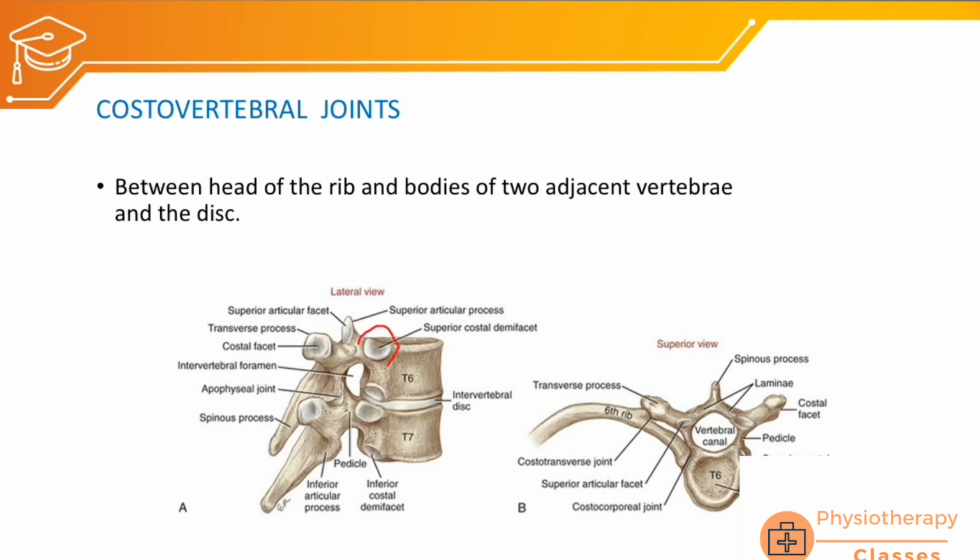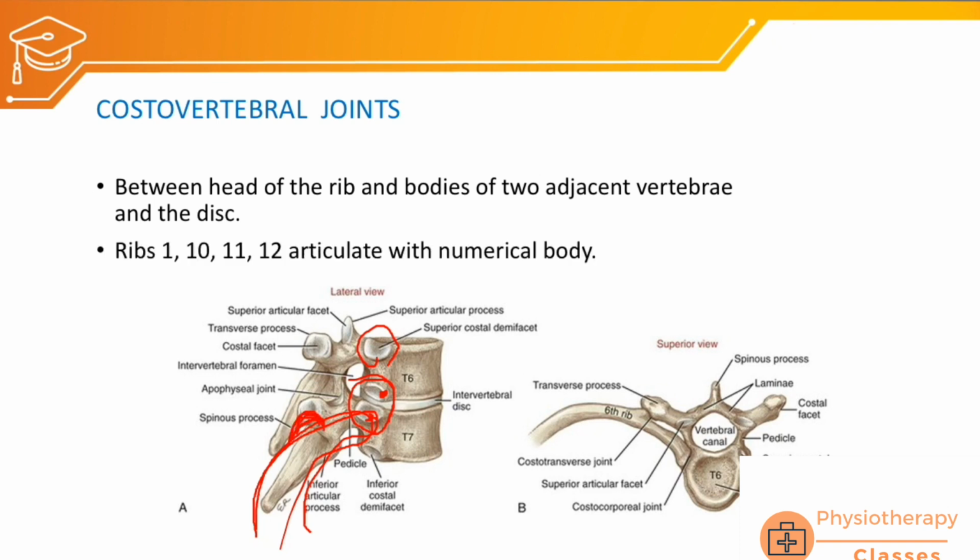So these two demifacets, you can see here, the superior demifacet of T7 and the inferior demifacet of T6 will give attachment to the head of the sixth rib. So that is the costovertebral joint. And the tubercle of the sixth rib will have attachment with the costal facet of the transverse process of T7.